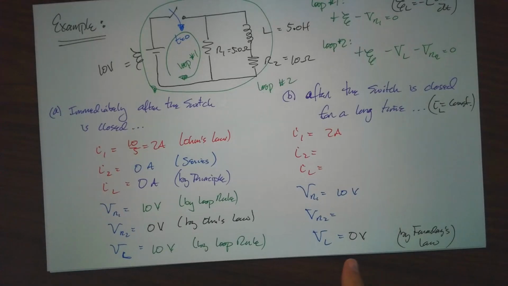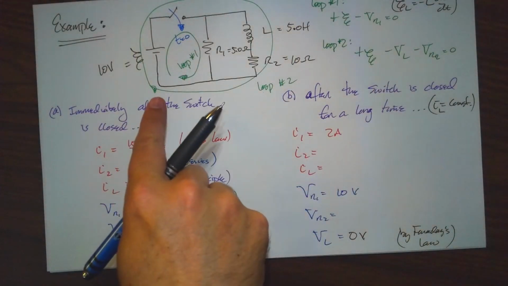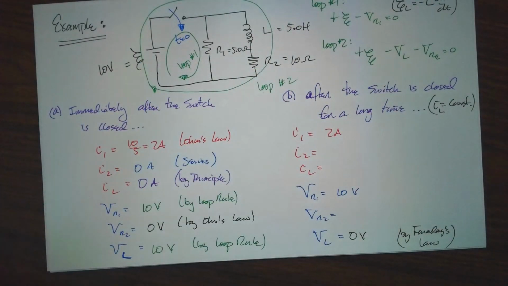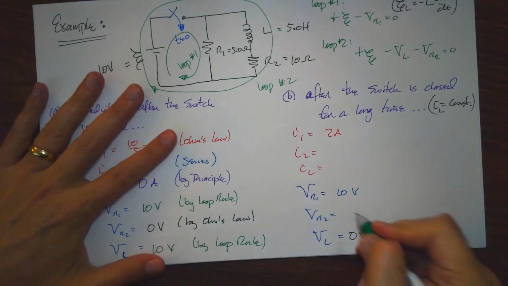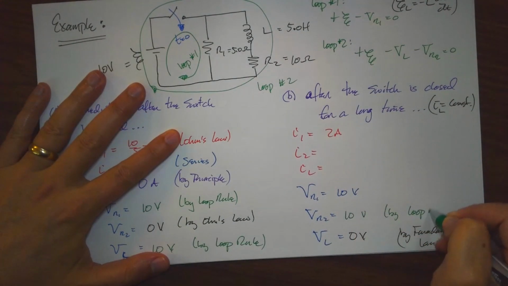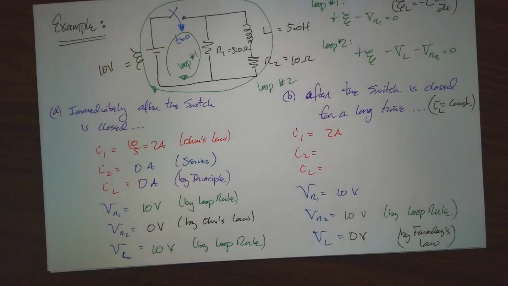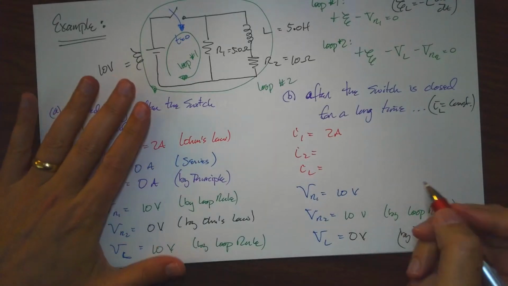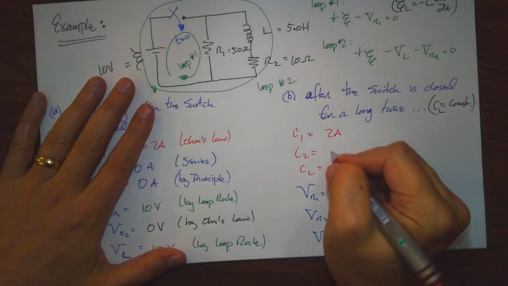Well, that's 0. Then when you loop it, what's the voltage across resistor 2? 10. Okay. Well, if you got 10 volts on resistor 2, what's our current in resistor 2 going to be? 1.